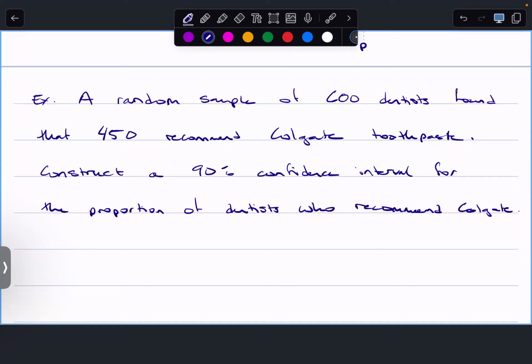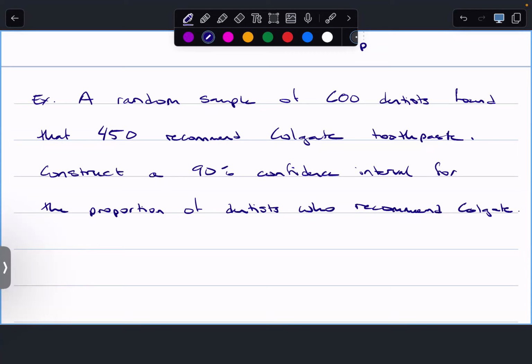What I love about proportion questions is we don't need very much information here in order to answer the question. What do we have? Well, actually, maybe I'll pause it and give you a moment to work through it. Check your conditions.